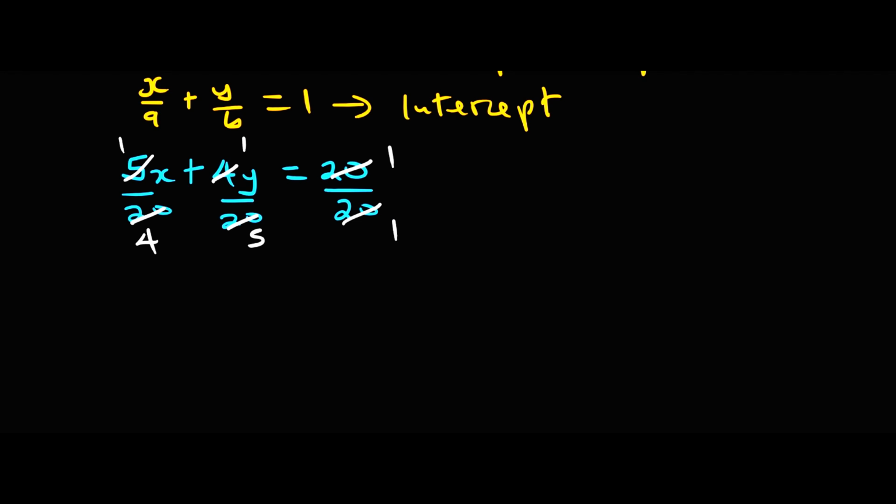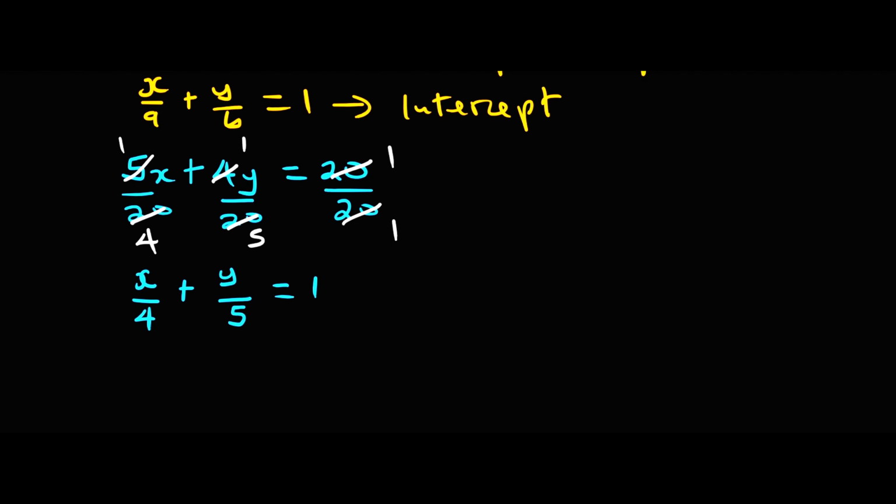So the new equation that we have is 1 times x, that is just x, over 4, plus 1 times y, that is y, over 5, is equal to 1.